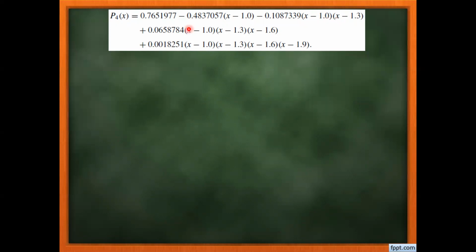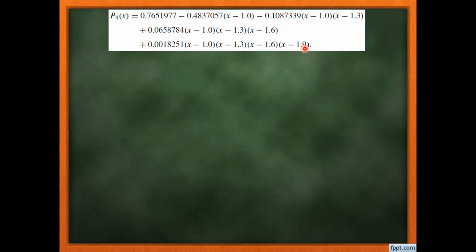Sorry, plus so on. So you can see that as we increase the number of terms, we are increasing the order of the polynomial. And the last one will be 4 differences: x minus 1, x minus 1.3, x minus 1.6 and x minus 1.9.